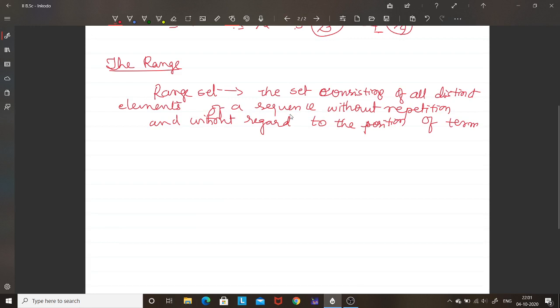See, let me take the earlier sequence, minus 1 to the power n. Here S1 is equal to minus 1, S2 is equal to 1, S3 is equal to minus 1, S4 is equal to 1. See here, you are getting only minus 1 and 1, repeated so many times.